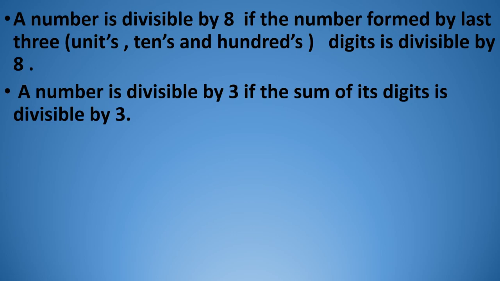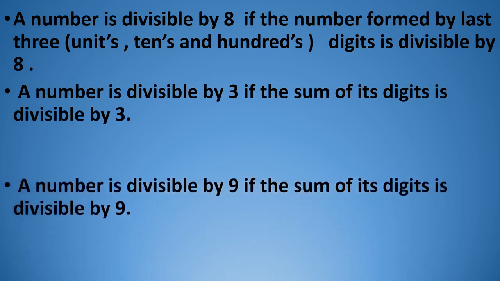Now see 3. A number is divisible by 3 if the sum of its digits is divisible by 3. We will find out the sum of all the digits. If the sum is divisible by 3, then the number is also divisible by 3. Now 9.